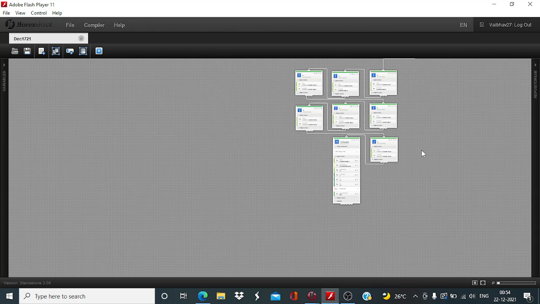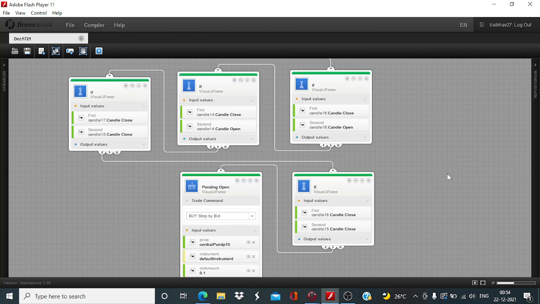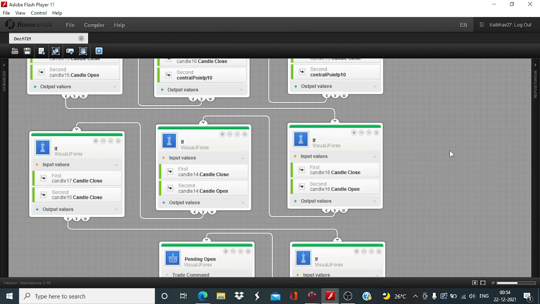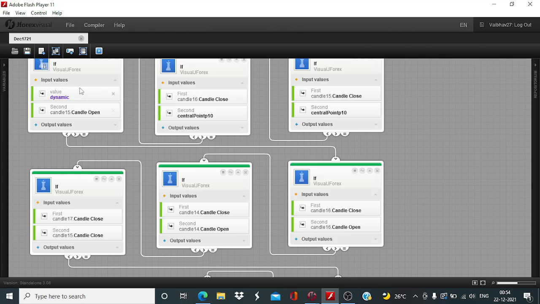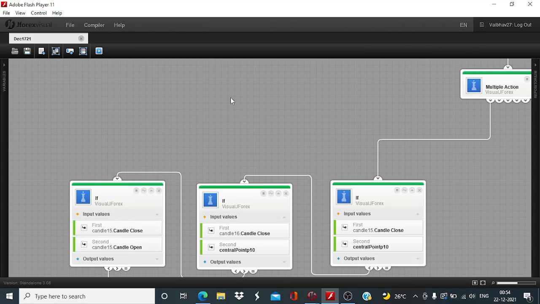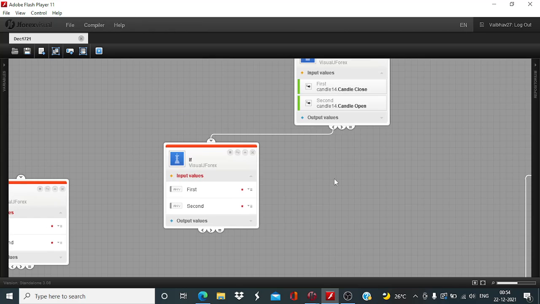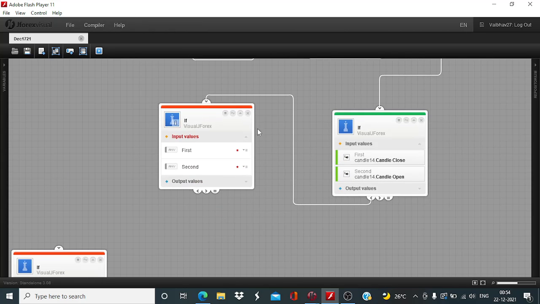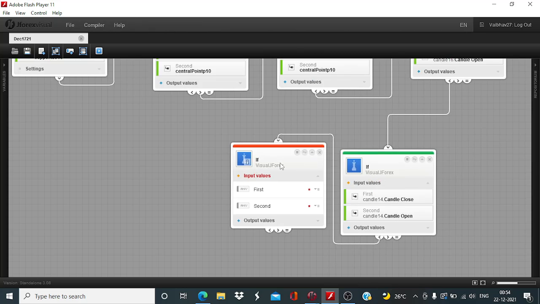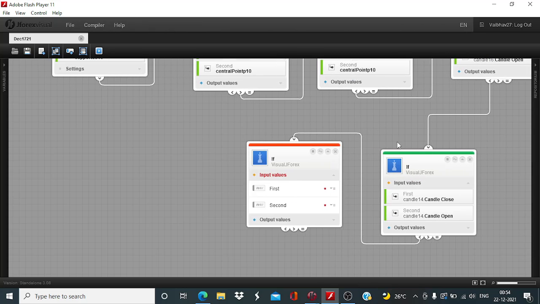All right, and we also compare candle 15 candle close as we had done for the buy side, and this time around we are going to need the candle 15 candle close to have been greater than its opening price, so that will be indicative of some correction leading up to the placement of the order.